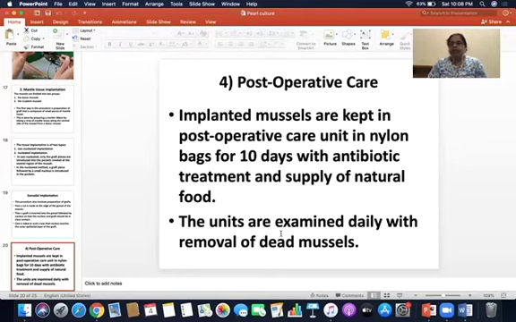The 10 day period is to examine and observe whether the muscles have been able to withstand surgery. During these 10 days, they are provided with antibiotic treatment for the healing of the wound and a supply of natural food. The holding areas are examined daily for the removal of the dead muscles.